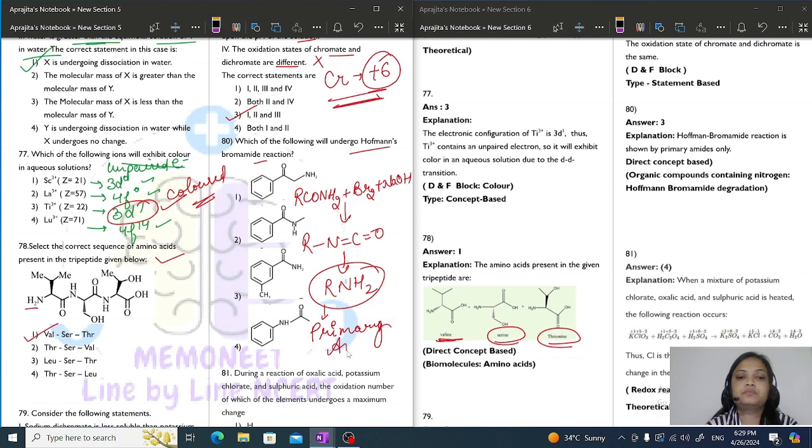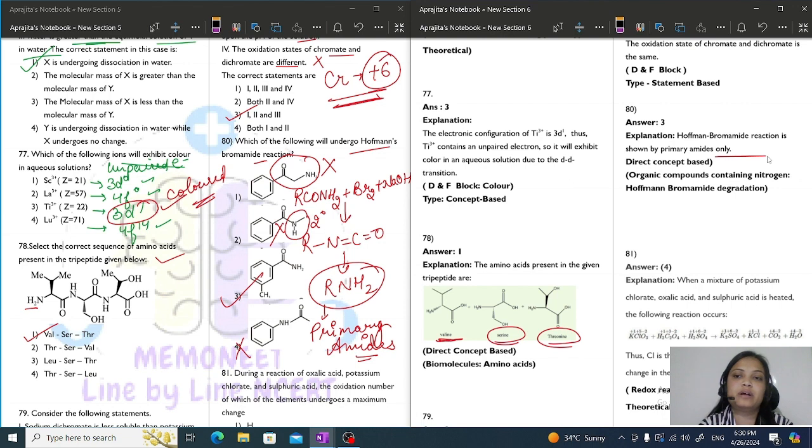Here in this question, this is not an amide, so this is wrong. This is a secondary amide, this is also not correct. The third one is a primary amide, so it will give the Hofmann bromamide reaction. The fourth one is also a secondary amide, so it will also not give. So the answer is option 3 because it's a primary amide.